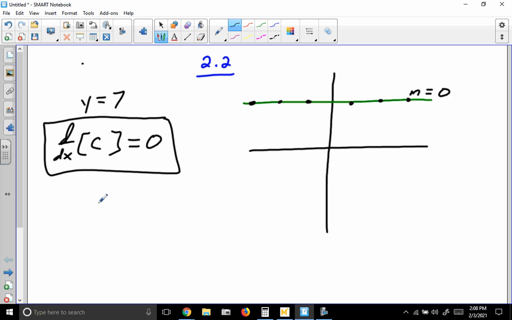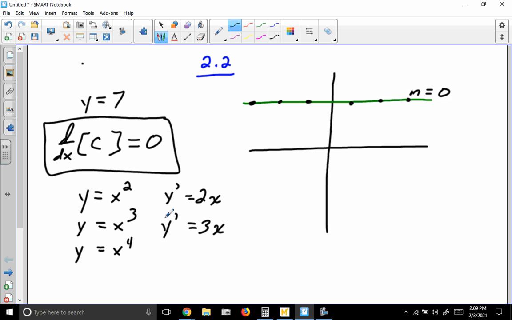All right, what if we have x to a power, like x squared, x cubed, x to the 4th? If we want to take the derivative of these, instead of having to go through that long definition, the derivative comes from bringing the exponent out front and then reducing the exponent by 1. So if it's x cubed, we bring the 3 out front, x to the 1 less power, 2.